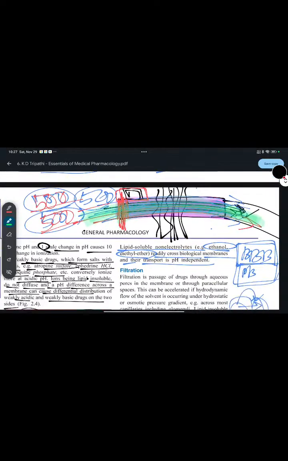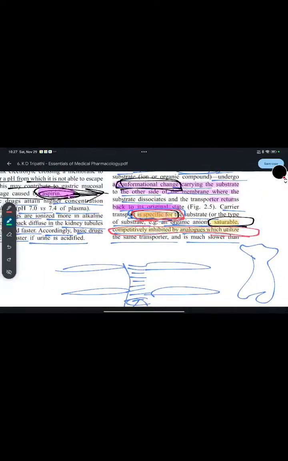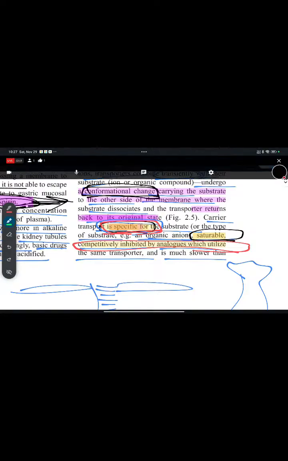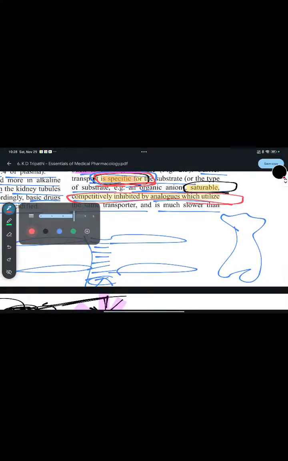Yes or no? So for example, if you remember alpha blocker, beta blocker, and like this, nicotinic receptor blocker, ARB. What is ARB? If you take any type of blocker, then what will happen? It will block the channel.